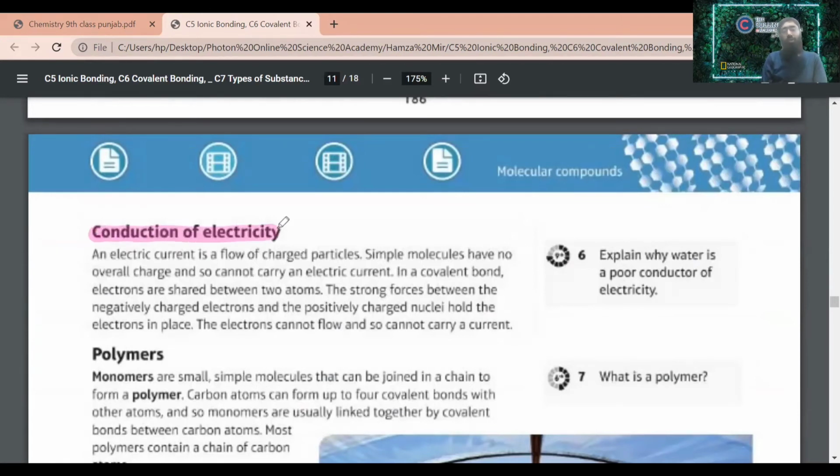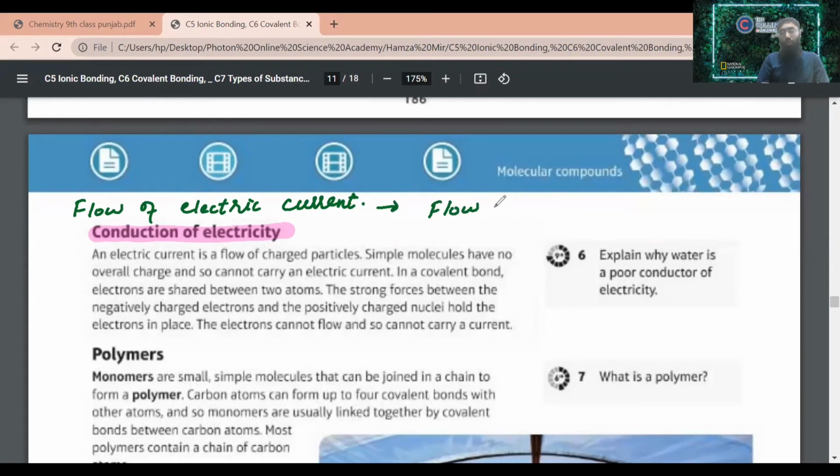Conduction of electricity means the flow of electric current. And what is electric current? Electric current is basically flow of electrons, flow of charges.